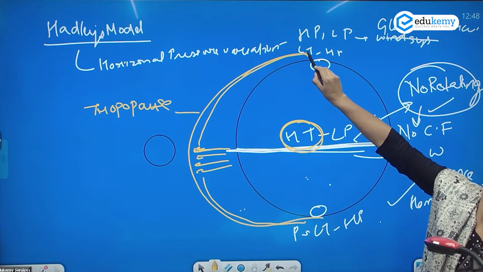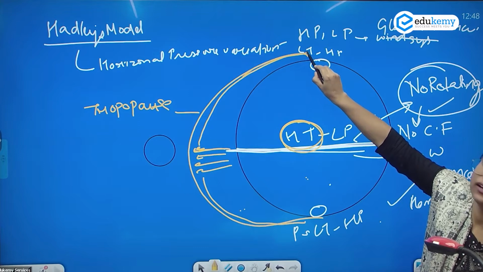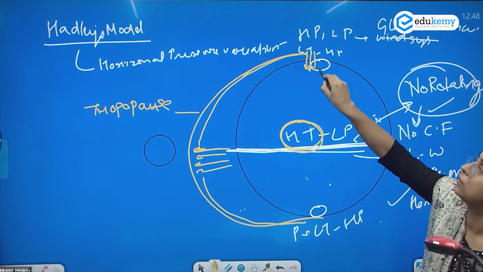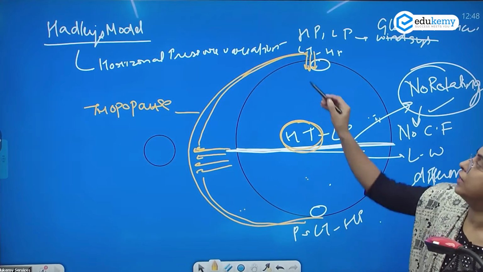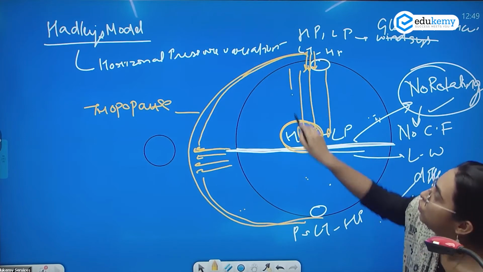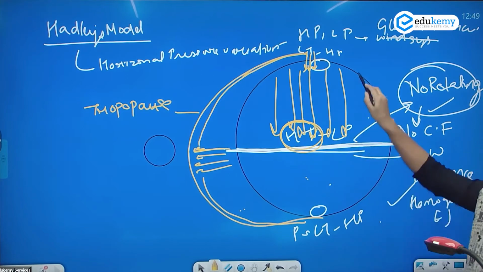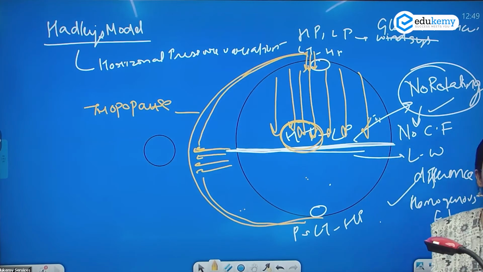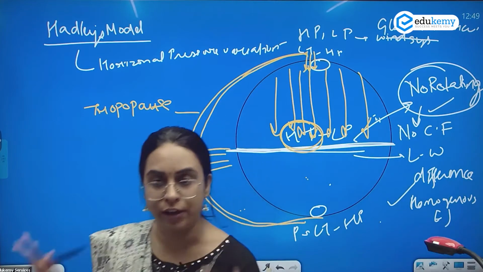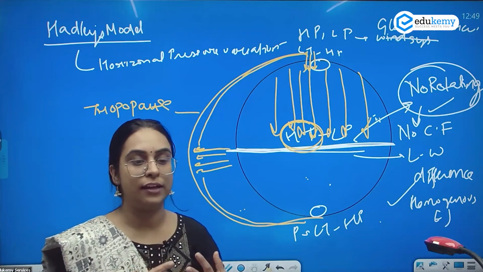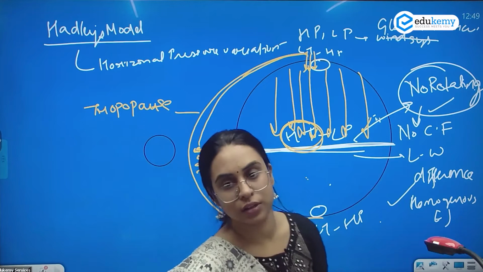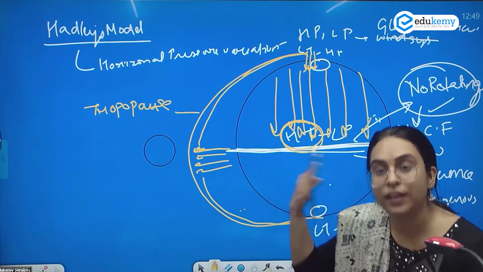It reaches up to the poles, and then the wind will sink. Okay. And from here the wind moves from high pressure to low pressure. That is what your Hadley is saying. Hadley is trying to explain wind, planetary wind, global atmospheric circulation, and pressure variations.